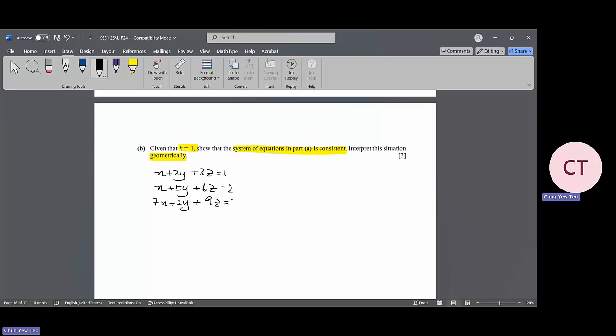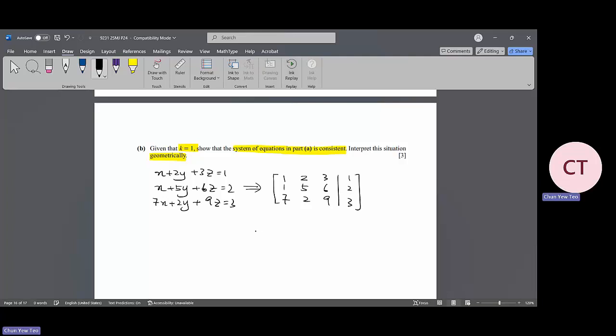This one is 3. So from here we can make it into augmented matrix form, and it will look like this.